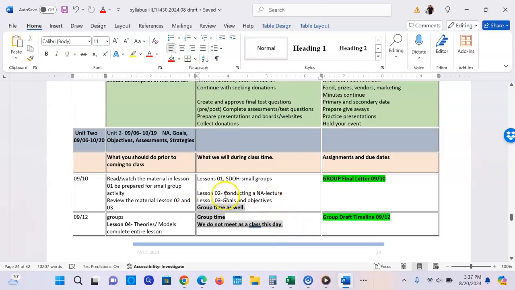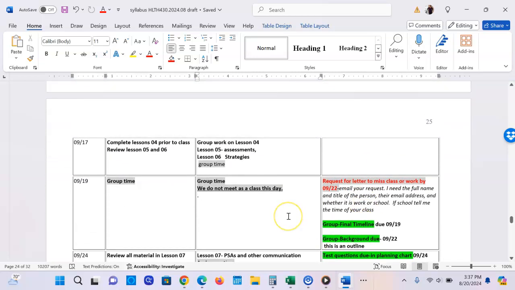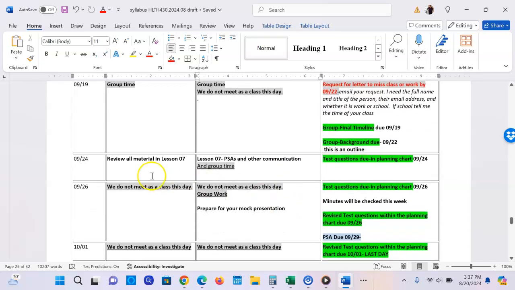If we don't get things done here, we might have to meet as a class, but probably not. These items highlighted in green are your group assignments that are due, and we will always go over them in class. And again, you have time to work on them as a group, so there should be no problem.